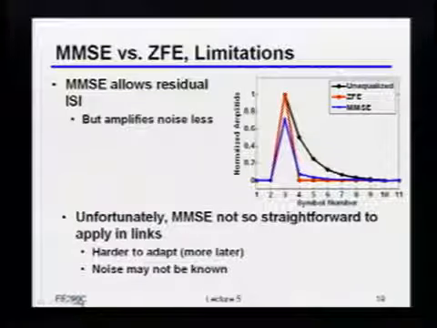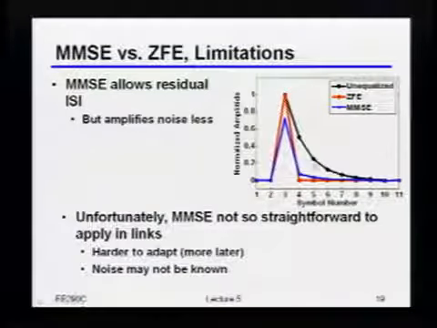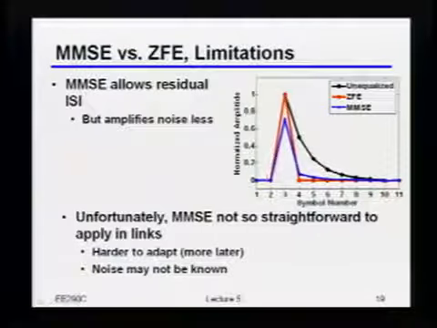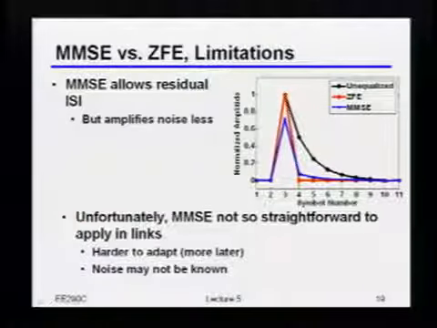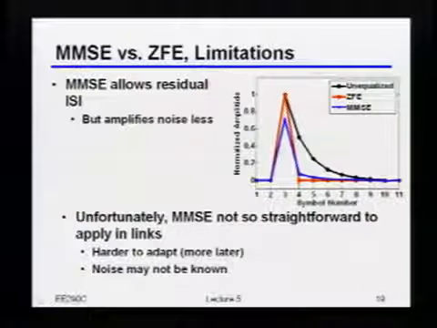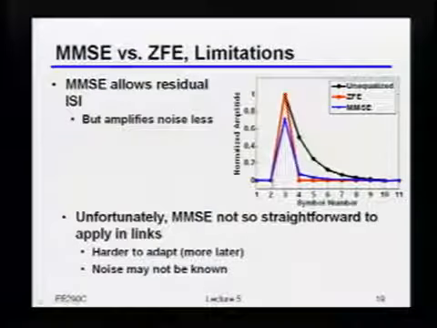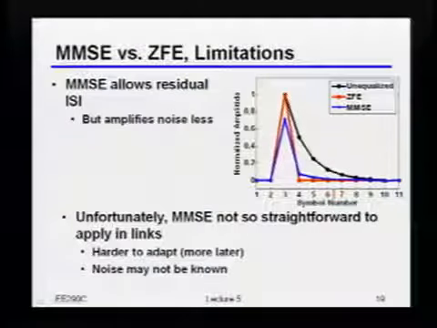Right? So essentially, if you look at it, this black trace here is my original unequalized response, which is just some bogus thing that I made up. This red thing here is my ZFE solution, and I think I did this with two taps. What you can see is that ZFE really zeroed out the ISI, right?